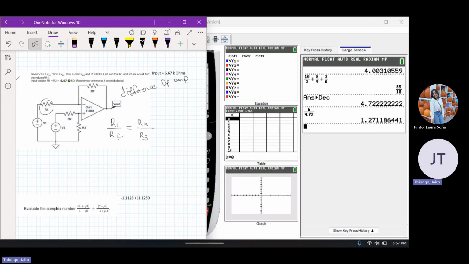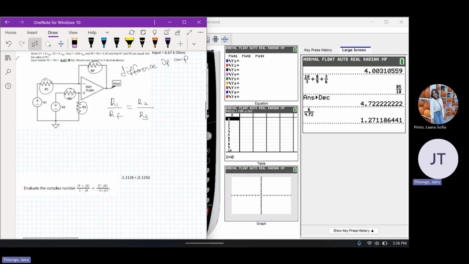So if the ratio of R1 over RF is equal to the ratio of R2 over R3, then the formula we use is Vout equals RF over R input, or R1, times V2 minus V1.